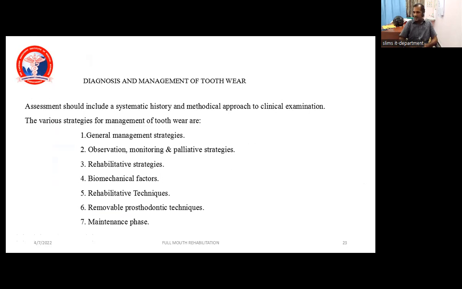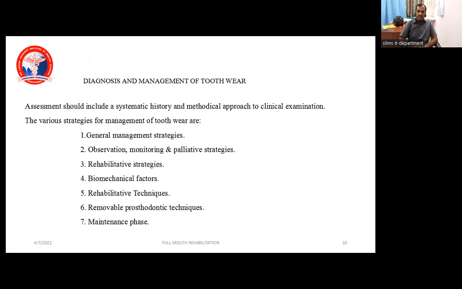The next level of correction will be rehabilitative strategies, the biomechanical factors, and various techniques on how to replace the worn out structures, a replacement or rehabilitation of the enamel and dentin.